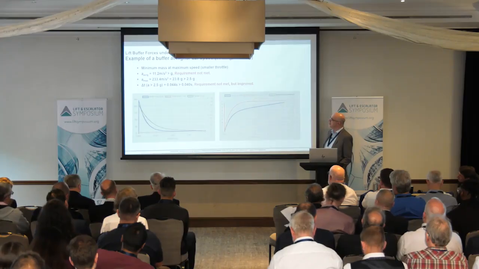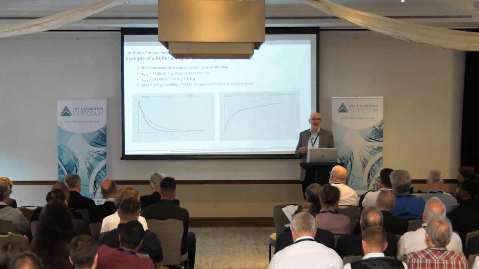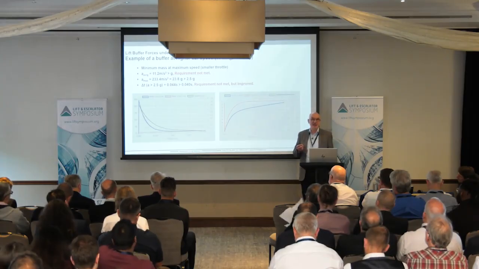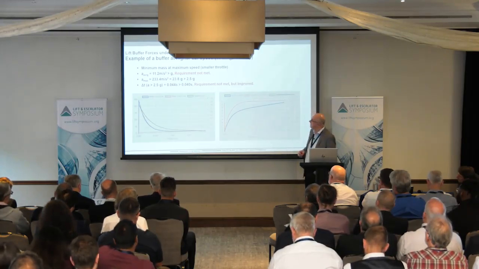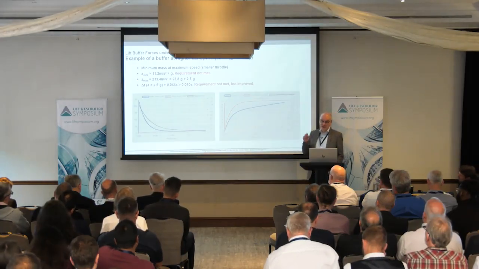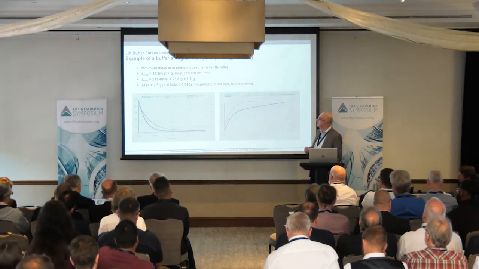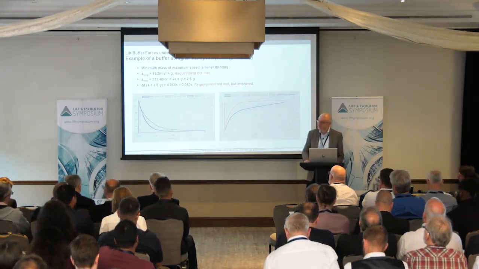Especially the high decelerations still occur for a long time, 44 milliseconds. But this is less time than for the original condition. So a smaller throttle is the right direction of modification.